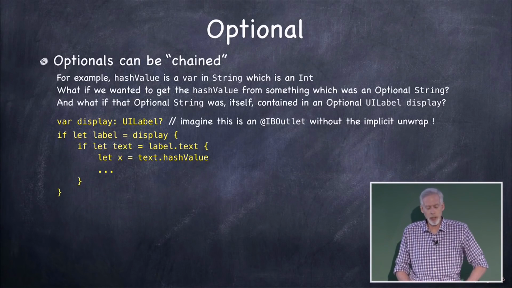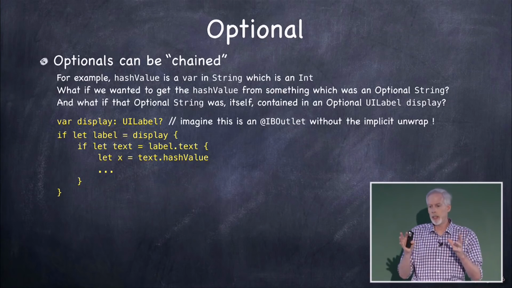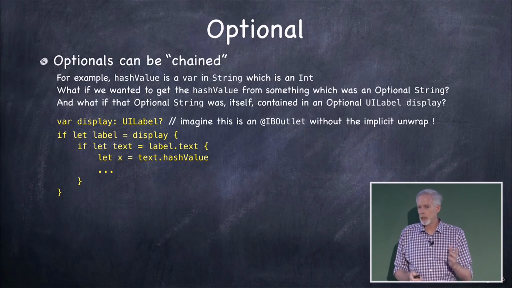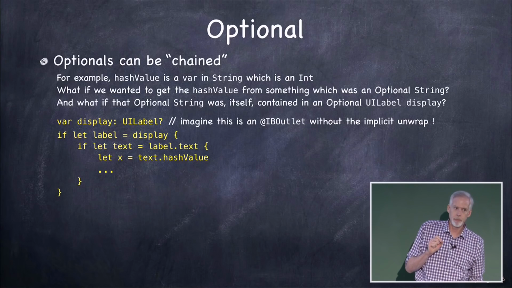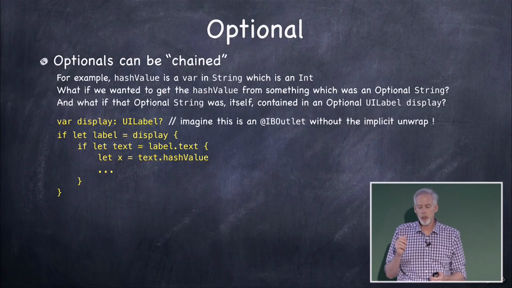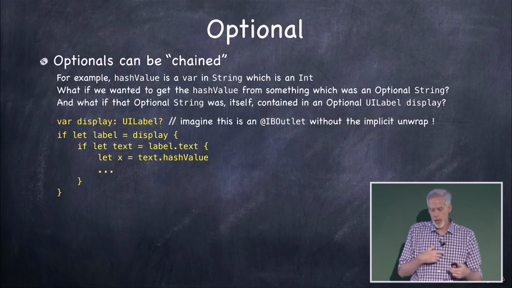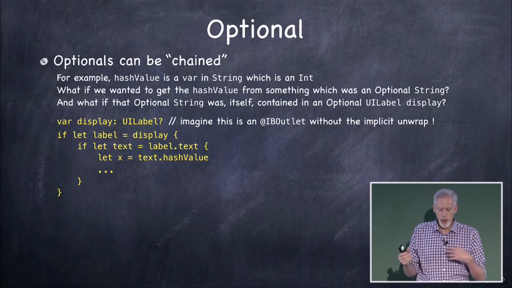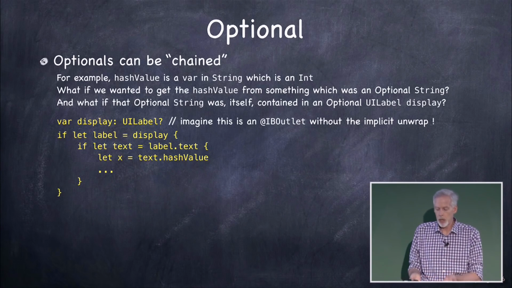Okay, that question mark and exclamation point stuff, as you're seeing, is just syntactic sugar. It's just to make typing it in easier and look nicer. It has a little bit more syntactic sugar. One thing is that optionals can be chained. So this is the case where, for example, in our calculator, we have the display, and let's say we want to get the text out of the display, and then we want to send it another message like hashValue, which strings understand.